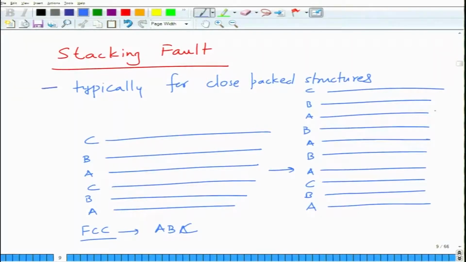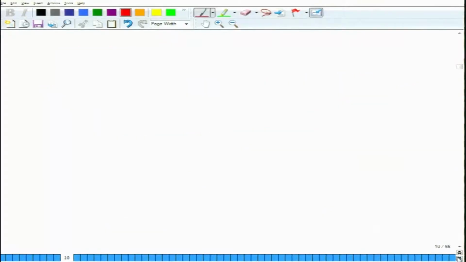So, you have this region of the crystal which has different stacking as compared to the previous one. Here you have ABC, ABC, but you end up having AB, AB kind of stacking in some region of the crystal. So, this is the stacking fault, a different stacking sequence as opposed to the normal stacking sequence in the material.